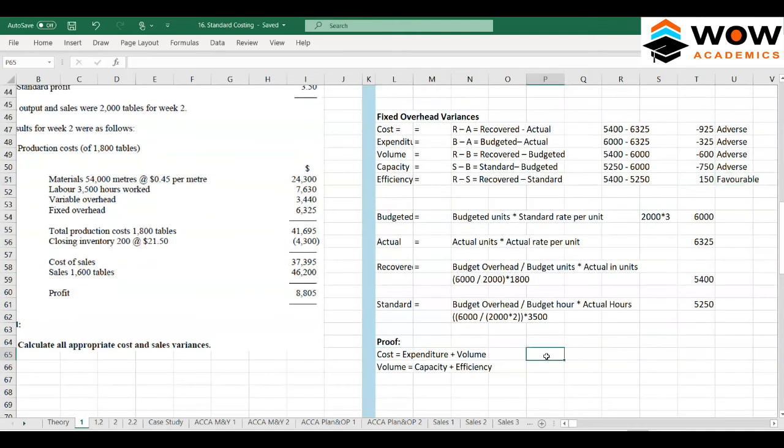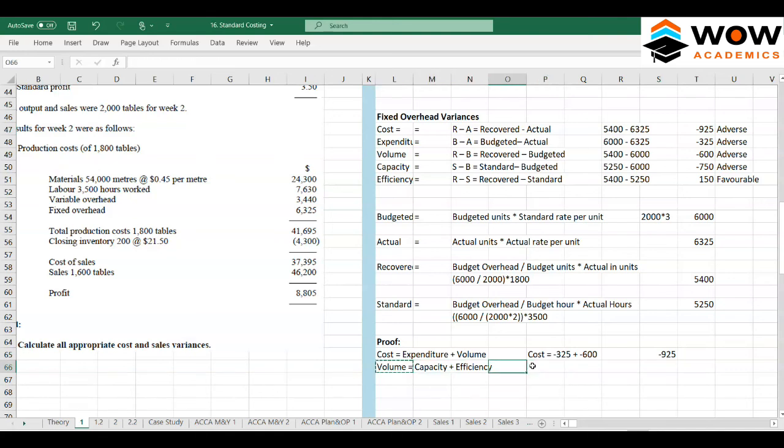So the proof is: cost variance is equal to expenditure plus volume. So expenditure is minus 325, plus again a minus. I'm not sure whether it will work. So add that and volume. Volume is minus 600. So minus 925 is the cost variance. Yes, it is minus 925. And what about volume variance?